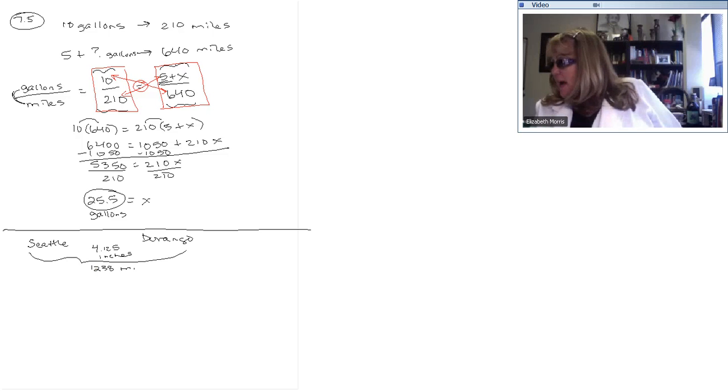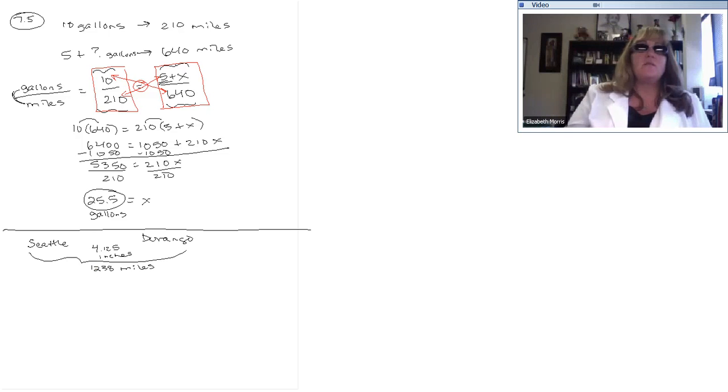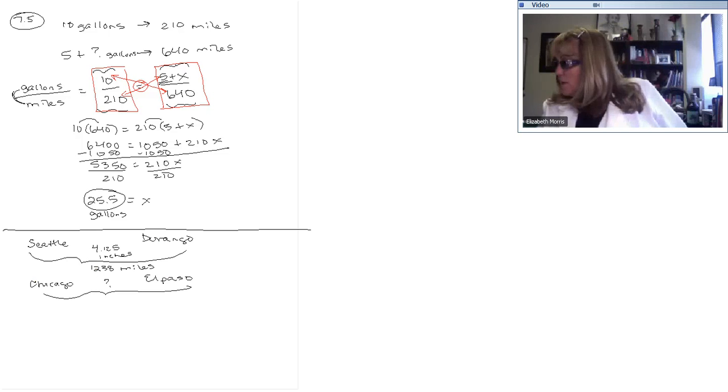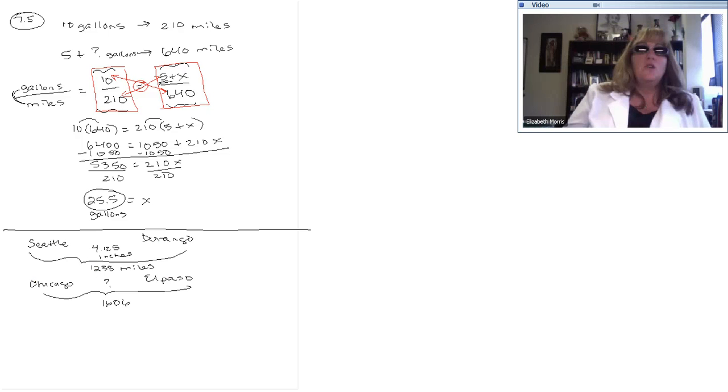Now, on the same map, what would be the distance between Chicago and El Paso if they're actually 1,606 miles apart? So between Chicago and El Paso, how many inches if they're actually 1,606 miles apart? So set up a proportion. Miles, inches, inches, miles, it doesn't matter.